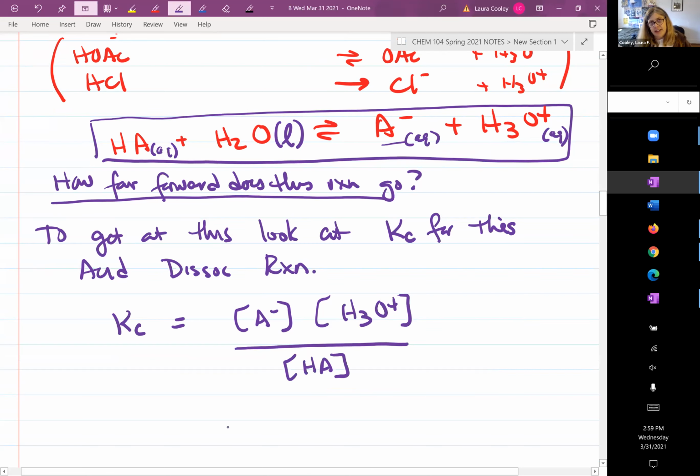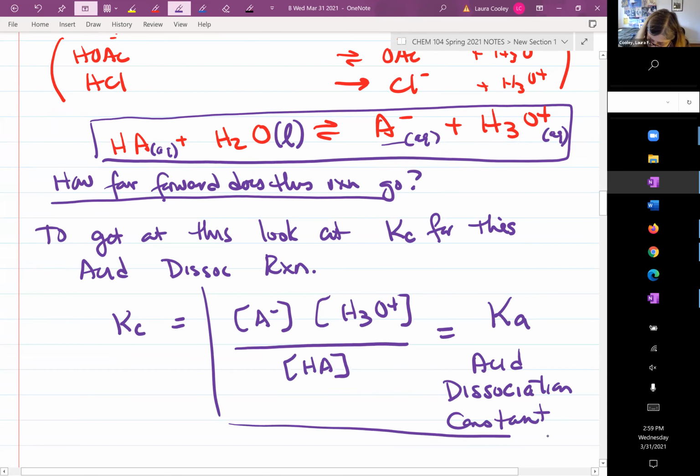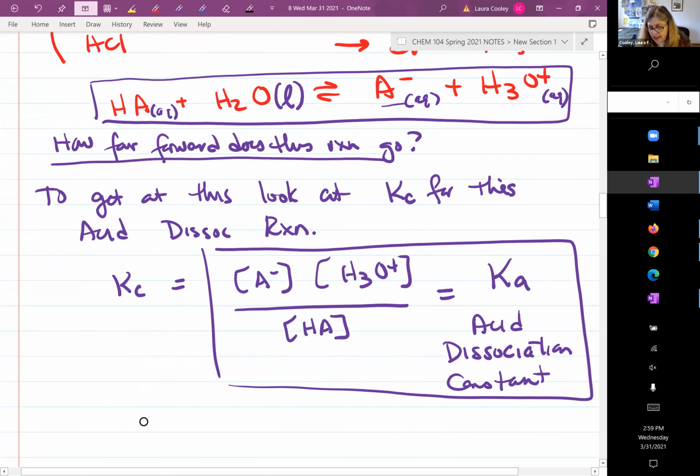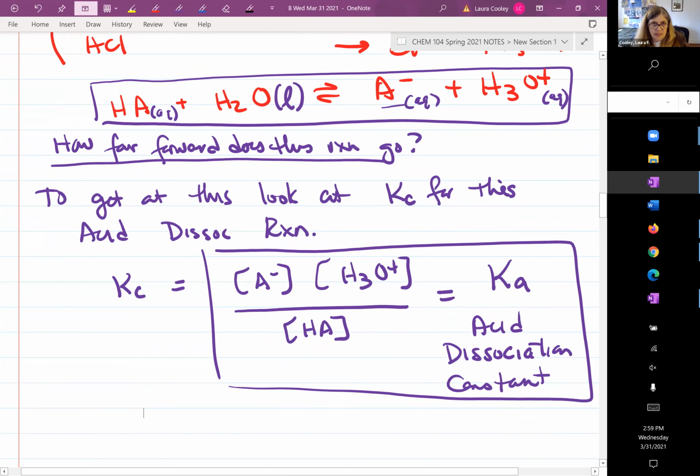Okay, so that is Kc for this reaction, and we call it Ka, the acid dissociation constant. So the acid dissociation constant is just the equilibrium constant for an acid dissociation reaction. That's all it is.